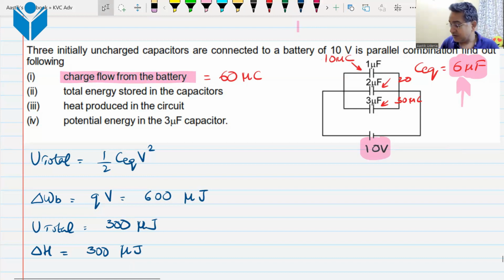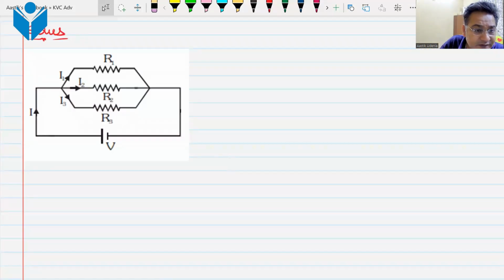No, sir. Then we can quickly go through the cousin brother of this, and the cousin brother of this looks like this. It would be a parallel combination of resistors.